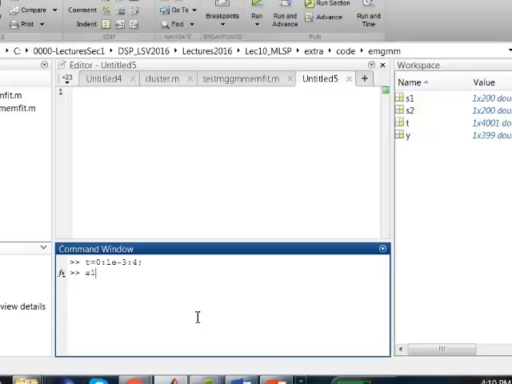Then we define S1 to be pi times 200 hertz times t.